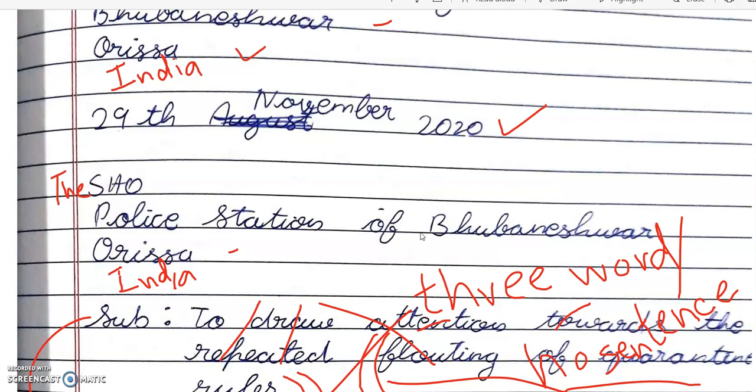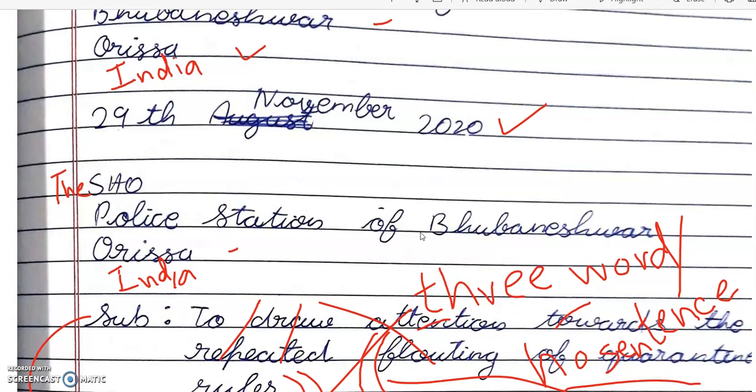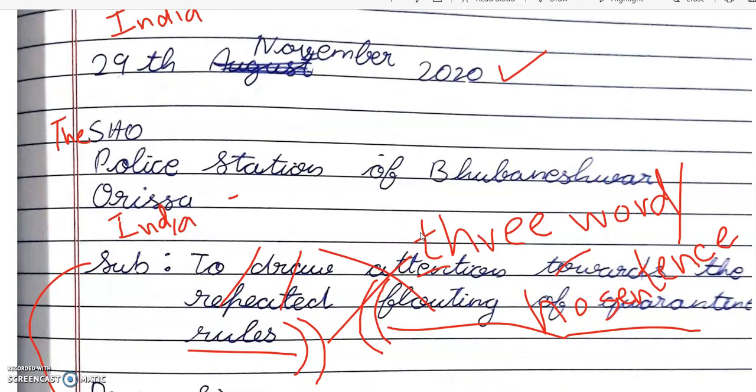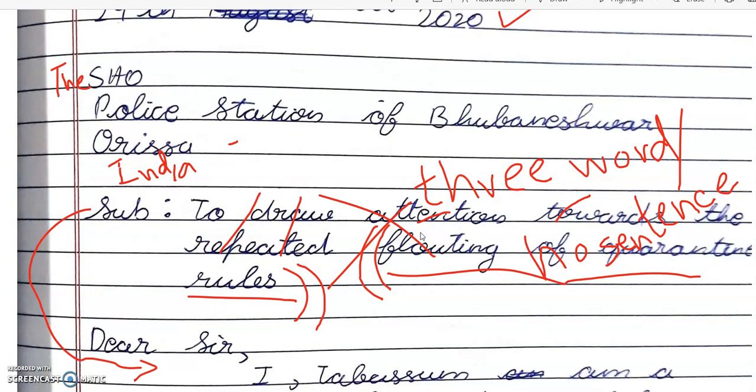Certain acronyms are used in the question paper, but the candidates are expected to write it in the full form because you are writing for a language paper. If it is a home officer or station house officer, you need to write the complete form and then proceed. And then you have to write the police station of Bhubaneswar. The state is missing over there, Odisha, and then India, the country, that is missing over there.